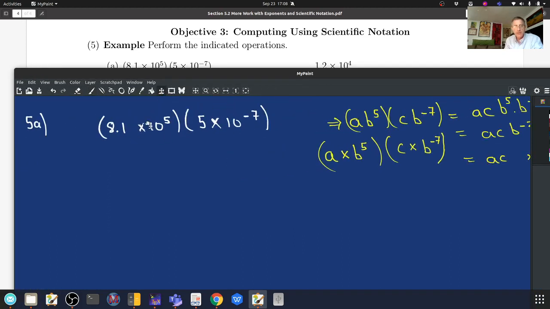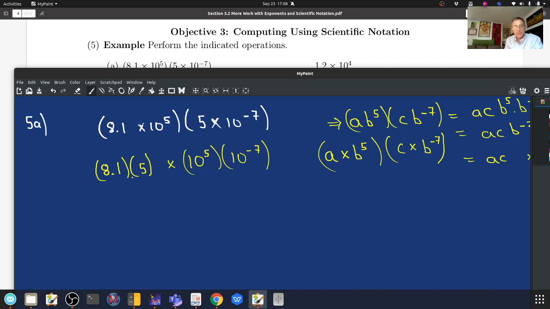So remembering this is just times, what I do is take the D values in each of the numbers written in scientific notation, and then I multiply it times 10 to the 5th times 10 to the minus 7.